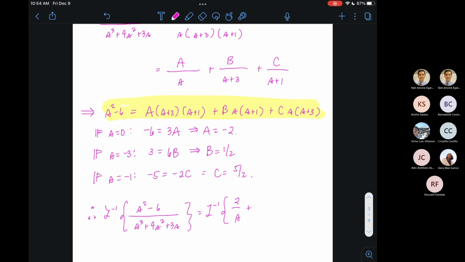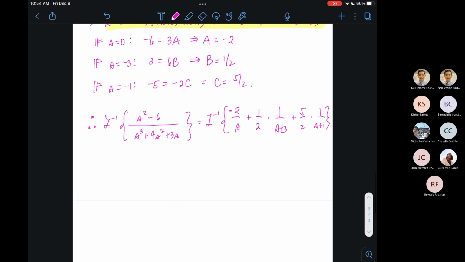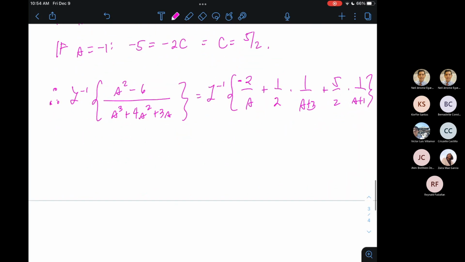Plus 1/2 times 1 over S plus 3 plus 5/2 times 1 over S plus 1. May negative pala dito. Tama ba? -2 over S siya. Okay. So yan yung kukunin natin ng inverse Laplace transform.